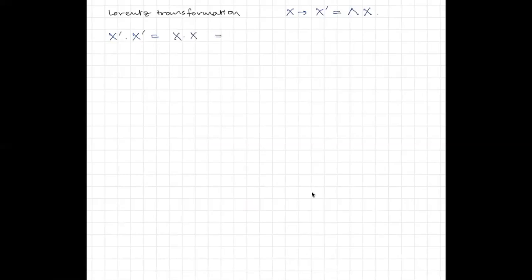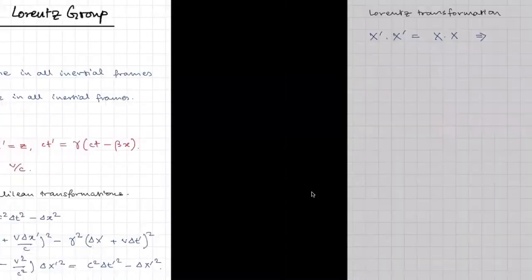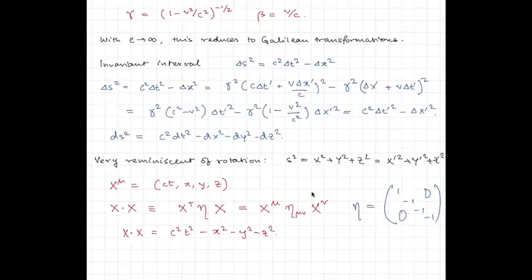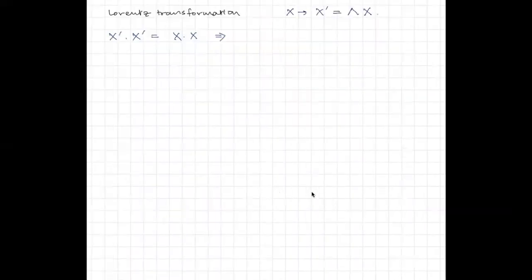So you can plug this into our formula, x dot x is x transpose eta x. If you do that, you end up with lambda transpose eta lambda equal to eta. So this particular thing defines for you what a Lorentz transformation is.